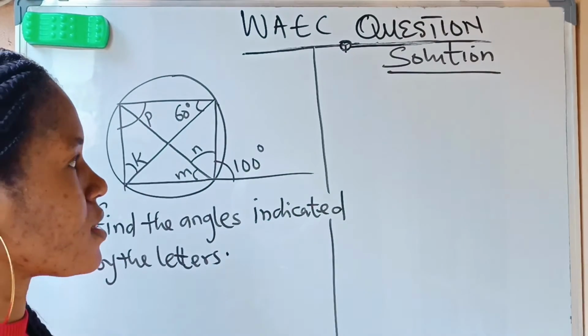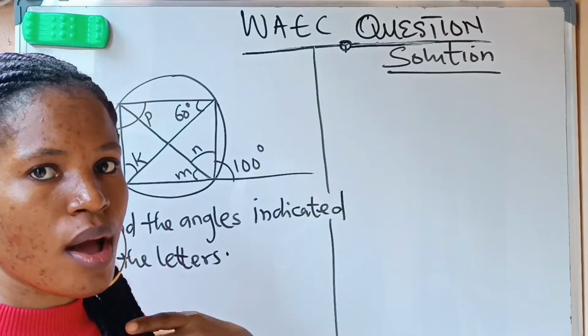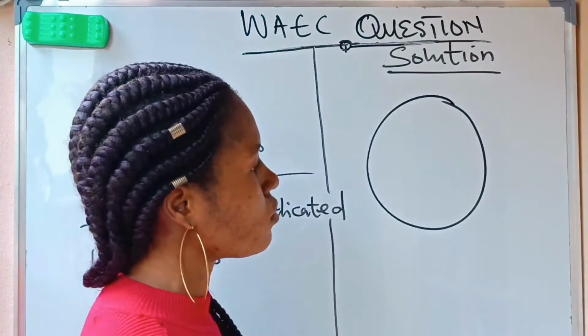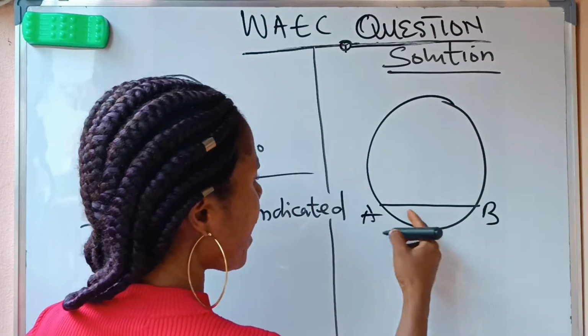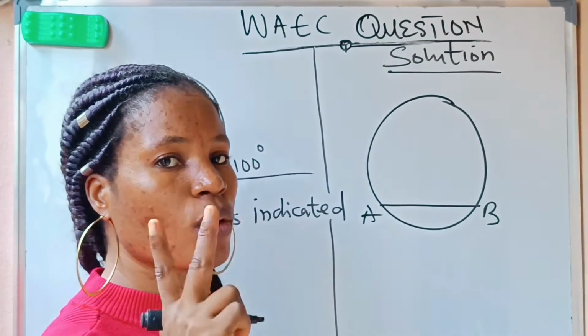Circle theorem number one says angles in the same segment are equal. What does that mean? If you have a circle and you have a chord, that is a line that divides a circle into two parts, but not two equal parts.